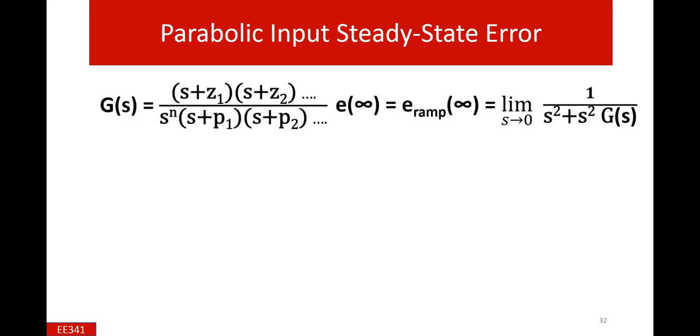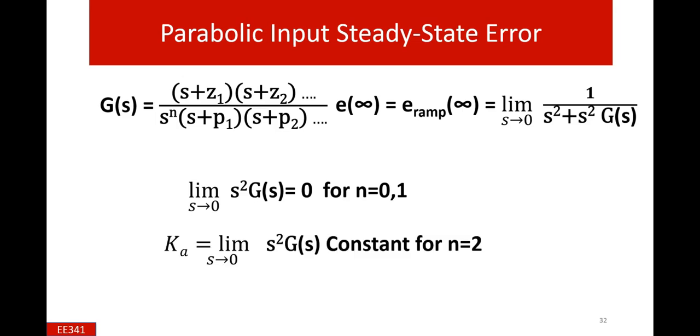Let's see the most generic form of the open loop transfer function. If this s raised to the power n is 0 here, then this term is definitely 0, and the steady state error is infinite. And similarly for s raised to the power 2 or higher values of n, the answer will be different.